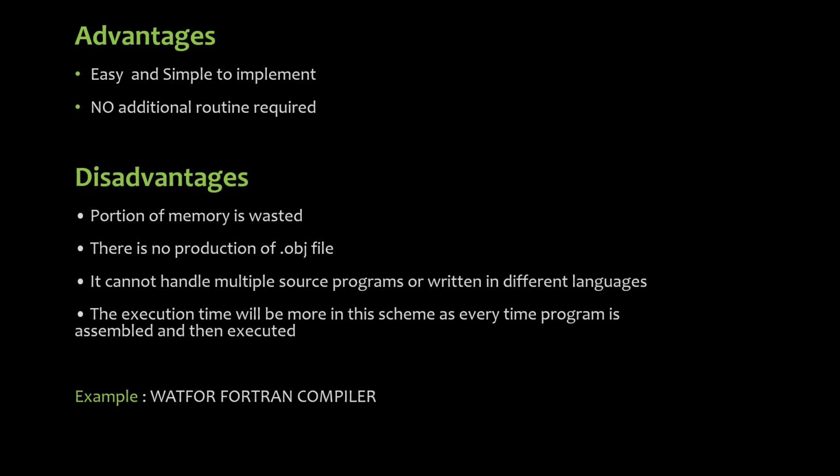The only advantage of this compile and go loader is that it is very simple to implement, because there is no specific task as such required. What the compile and go loader will do is take the source program as it is, and the rest of the task will be performed inside the main memory itself. The example of the compile and go loader is the BAT4 Fortran compiler.